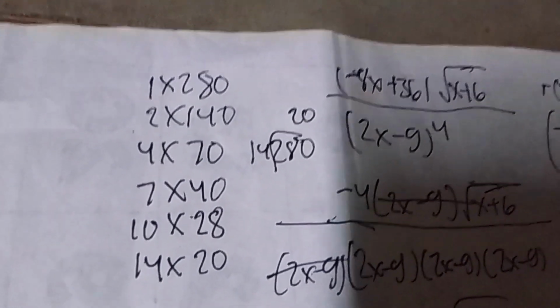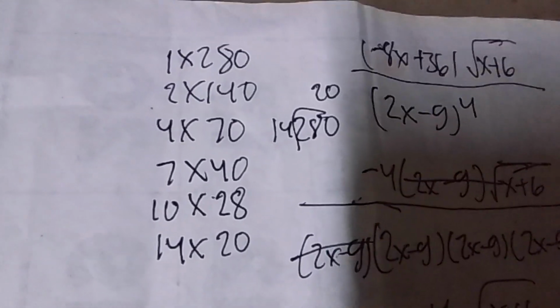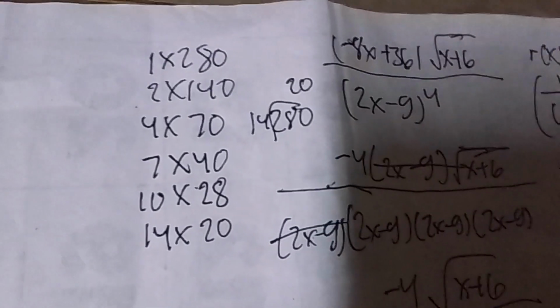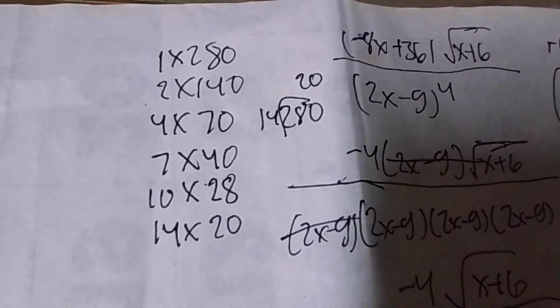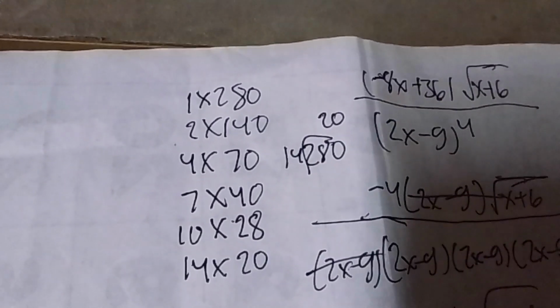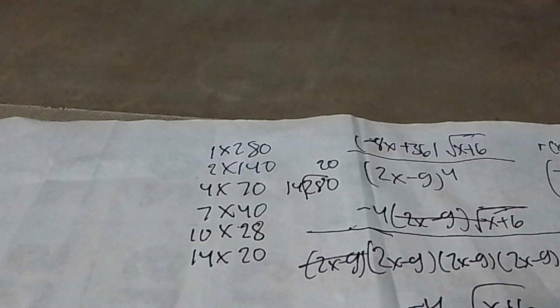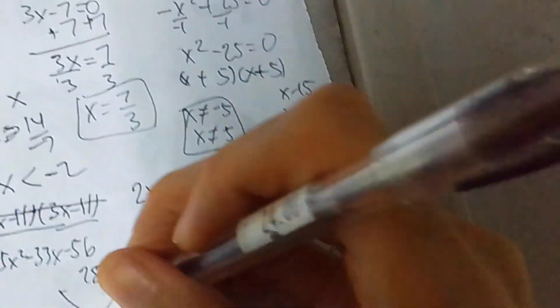Yan. 10 times 28, 14 times 20. I don't think any of these will make sense. So if that were the case, I think let's just call it na lang extraneous. Ay, sorry pala. Meron. 7 times 40 pala. So dapat 40 and 7.